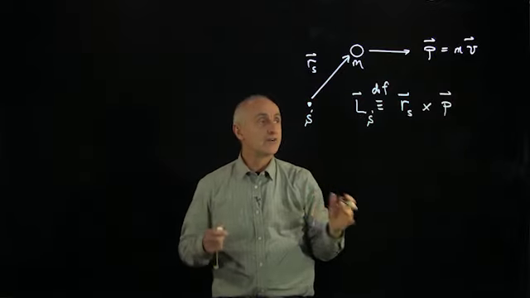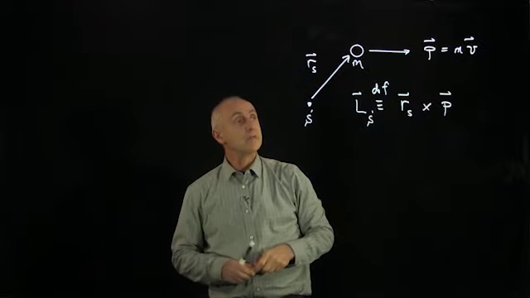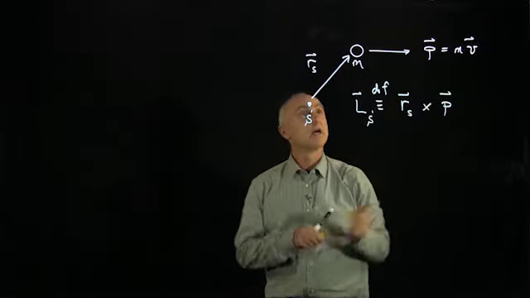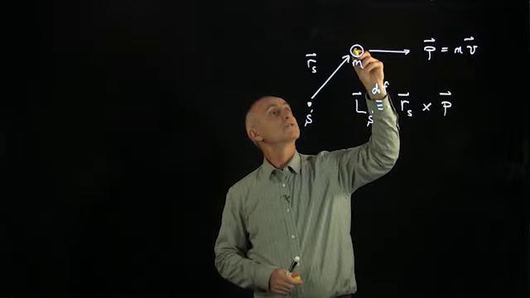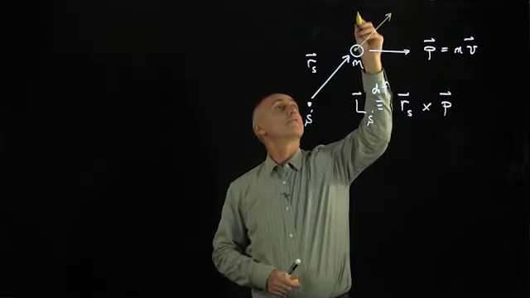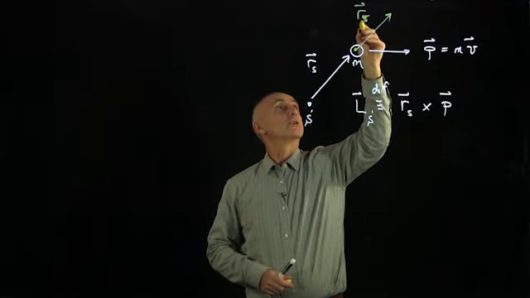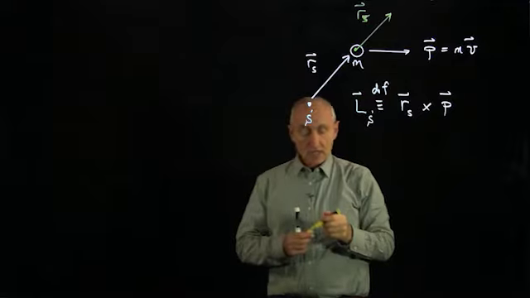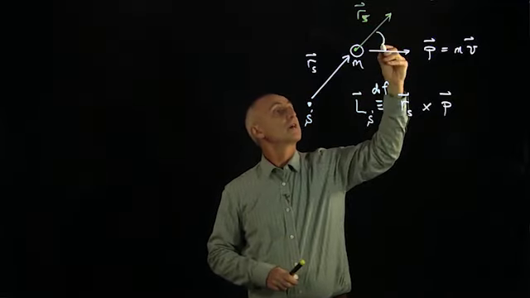Now, how do we define the direction of this vector? Well, the way we do that for any vector product is we take the 2 vectors and we put them tail to tail. So let's start off by drawing the vector RS in that direction. And now when you take a cross product, we draw an arrow from the first vector to the second one.